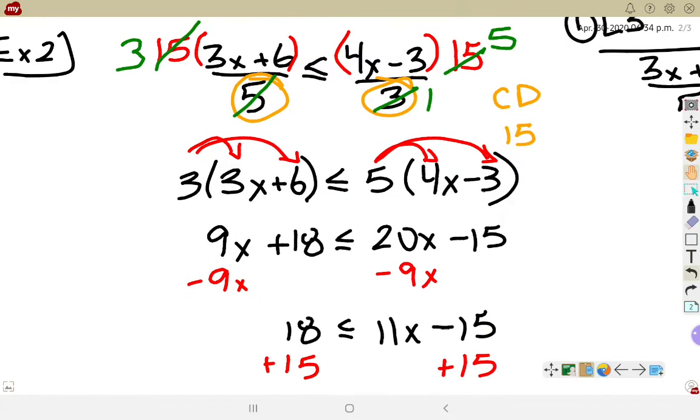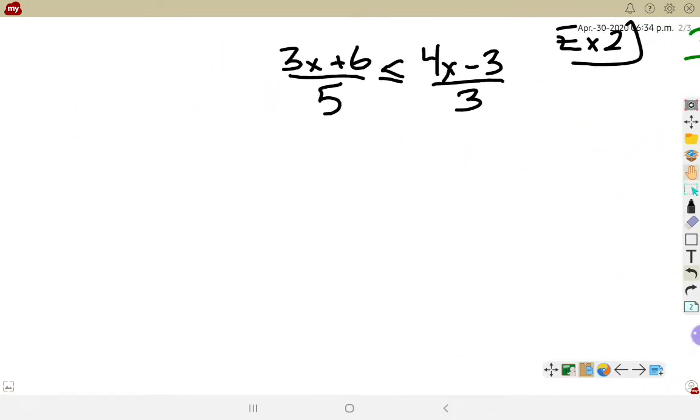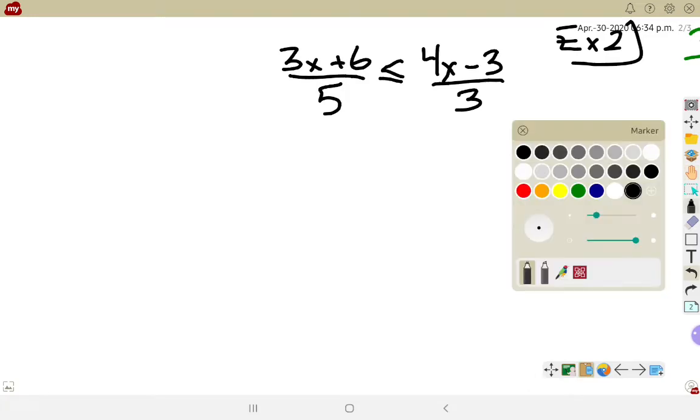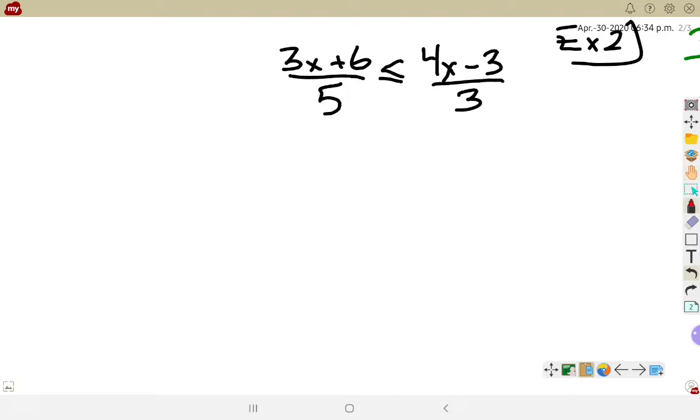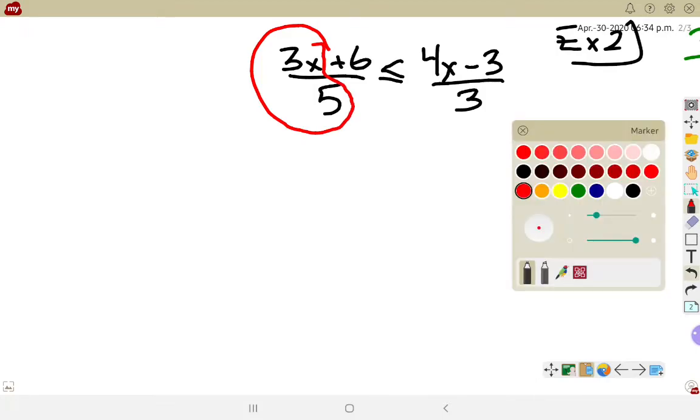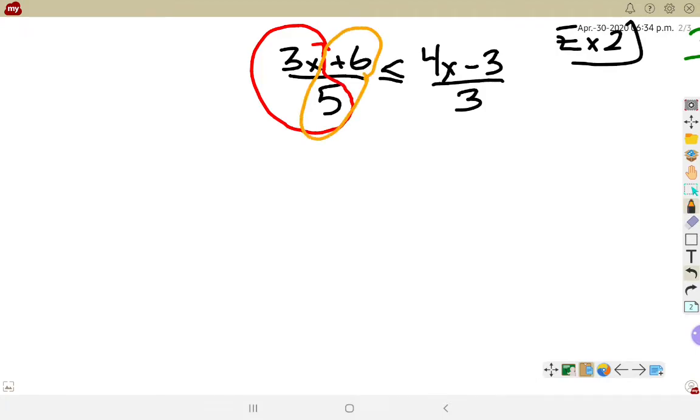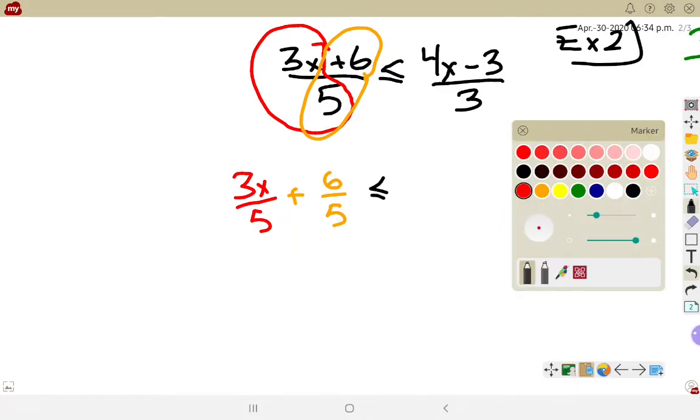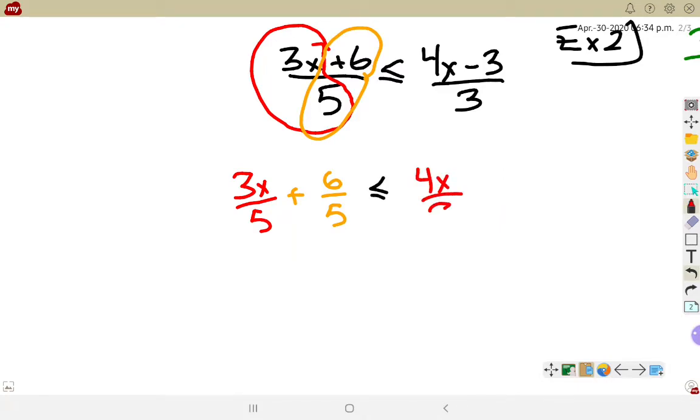Now, the other way I could have done that, and you don't need to do it this way, I think it's a little bit harder. I could divide everything in the numerator by what's in the denominator. So I could have 3x over 5 plus 6 over 5 is less than or equal to, and on the other side it would be 4x over 3, right?